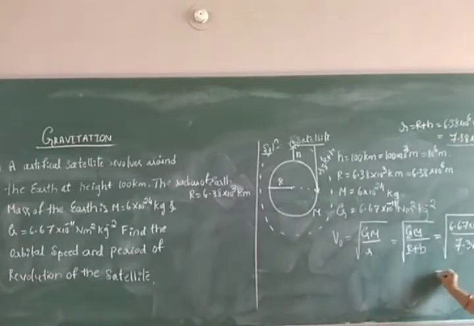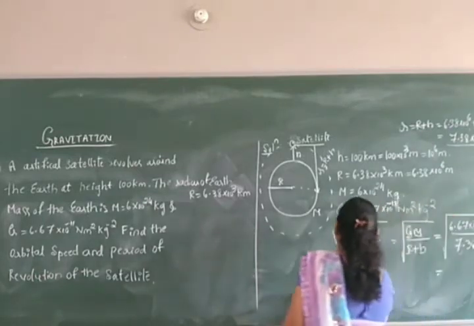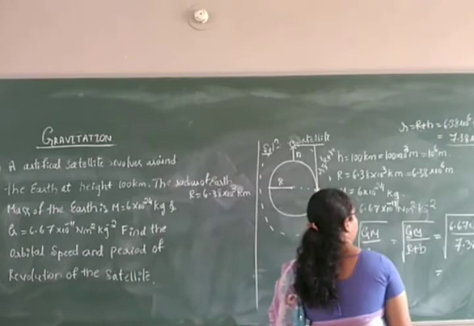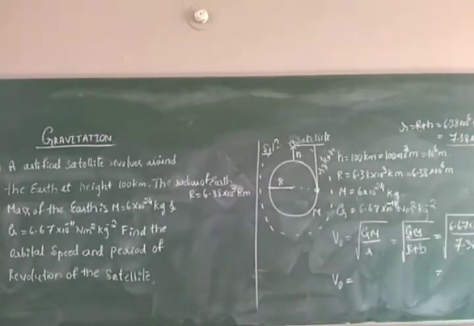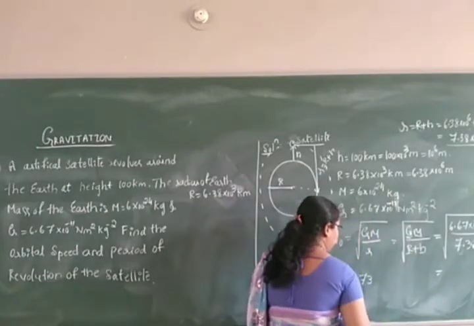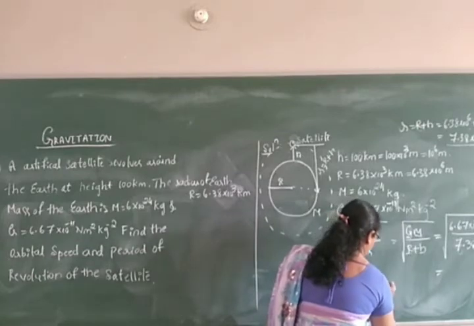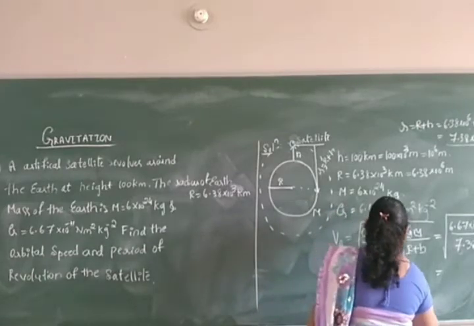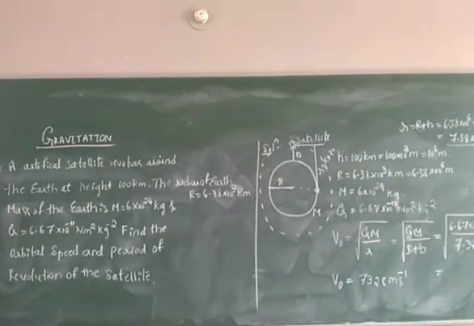So what will be the value of V naught, that is the orbital speed? We get approximately 7364 meter per second. So this is nothing but the orbital velocity.